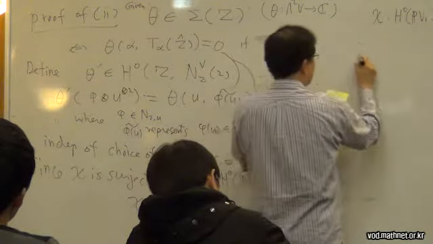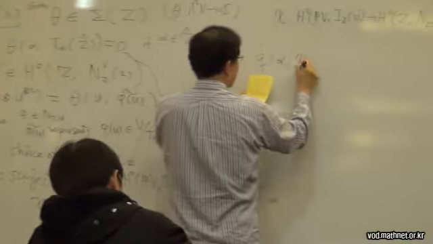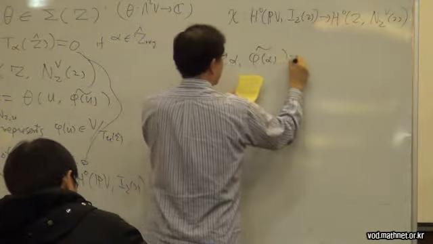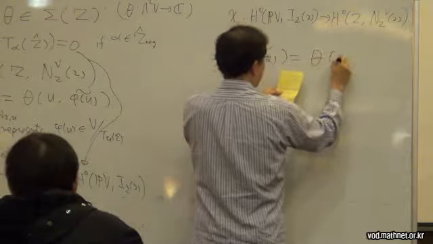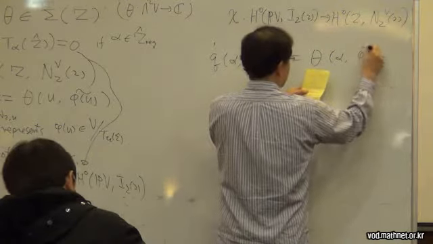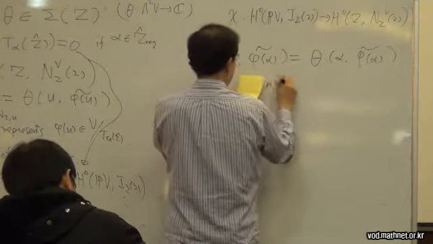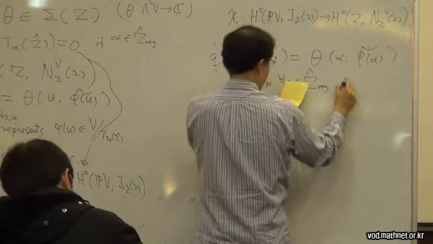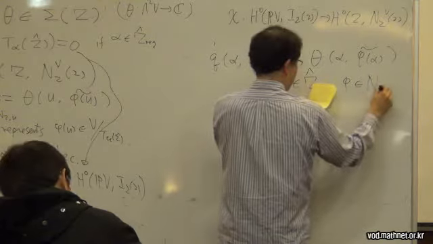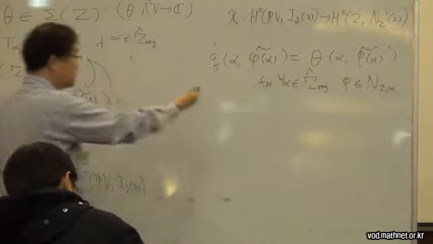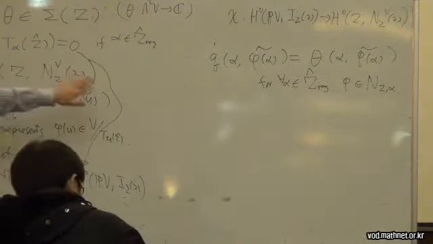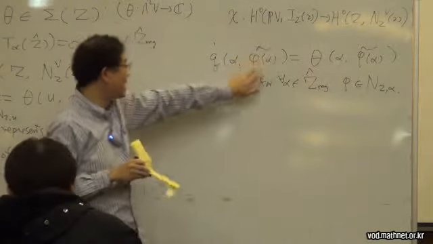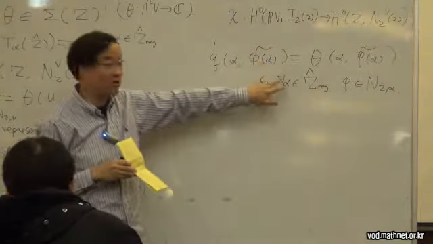In other words, Q(alpha, phi(alpha)) equals theta(alpha, phi(alpha)) for all alpha. So this is true. But then you can reach any vector as an element of the normal vector.